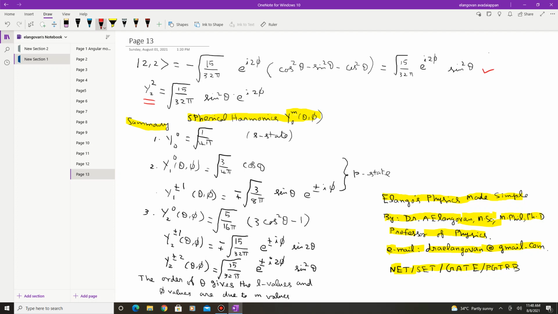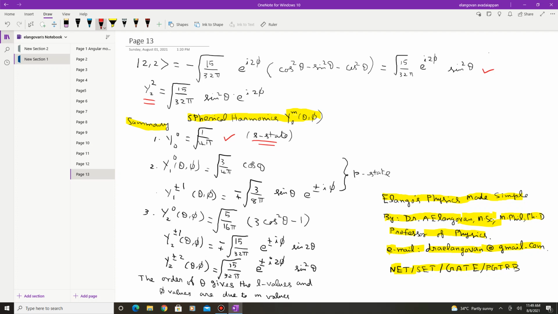So if you summarize all the results, here for the Y_LM function of theta phi, first we have chosen L is equal to 0, M is equal to 0. This L is equal to 0 corresponds to an S state.